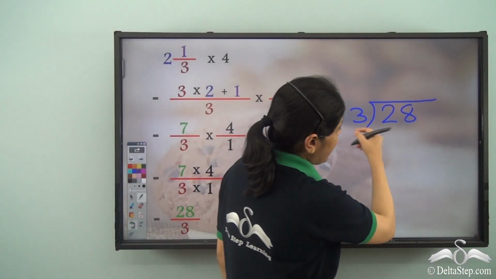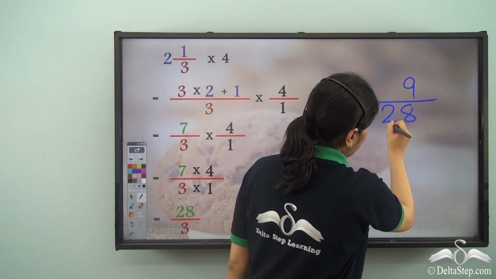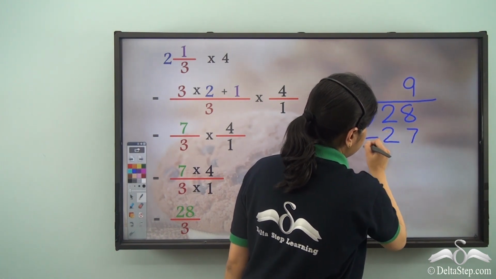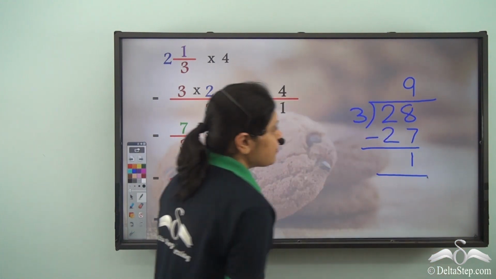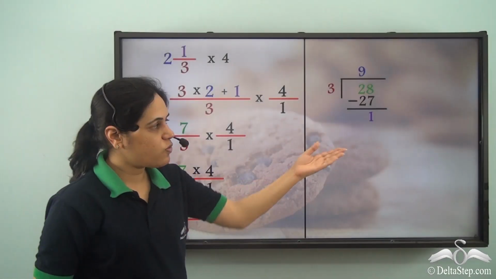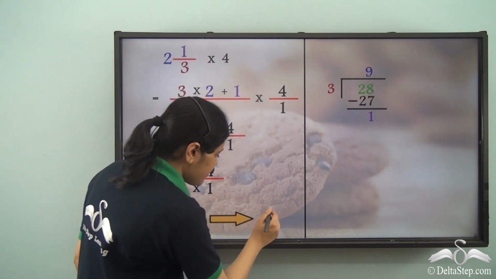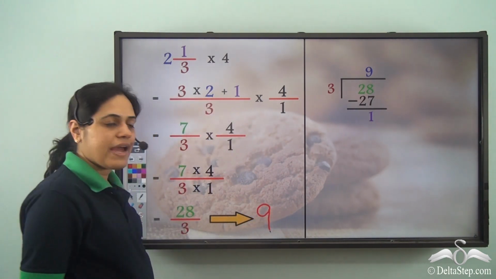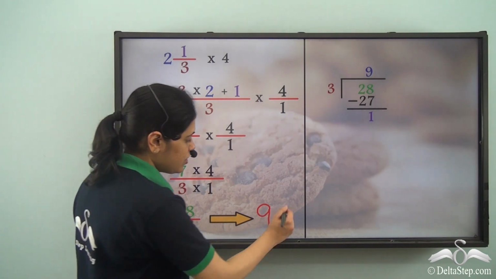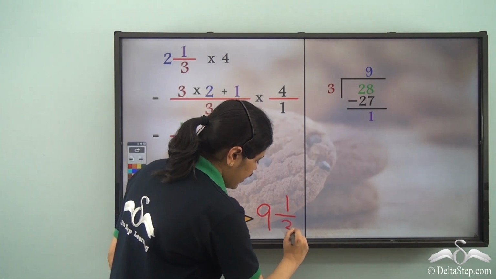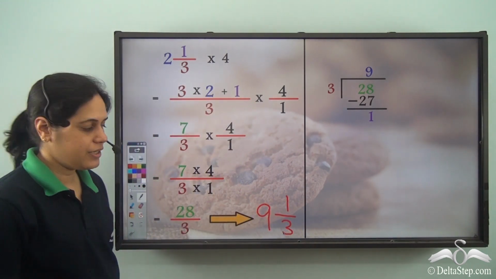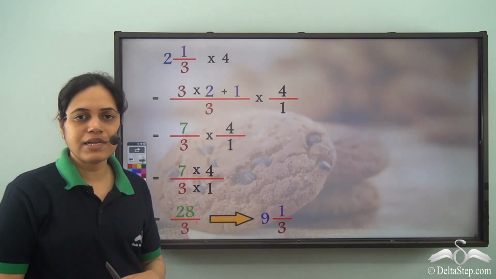Now, 28 divided by 3 gives me quotient 9 and I get 1 as the remainder. So, the mixed fraction will be, first I have 9, which is the quotient, then remainder 1 and divisor 3. So, 9 1 by 3 is the answer.